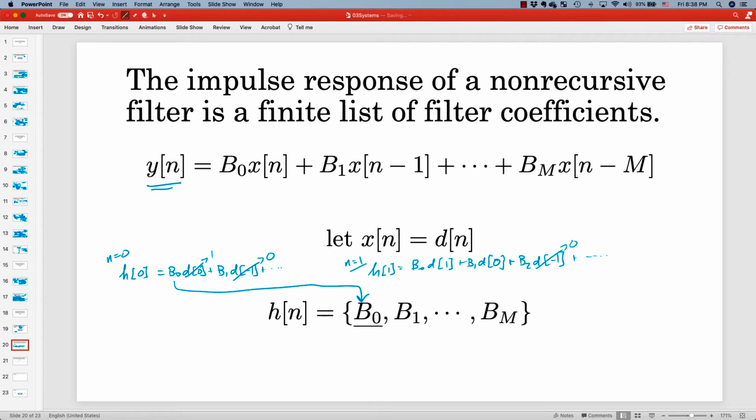Now this term goes to 0, and the first term goes to 0, but the middle term goes to 1. And so that's why at n equals 1, we only get b1 in the impulse response. And you can continue this exercise for all m plus 1 time instances. And these b's are simply known as the filter coefficients. They fully characterize a non-recursive filter.